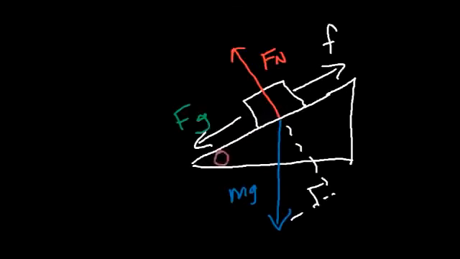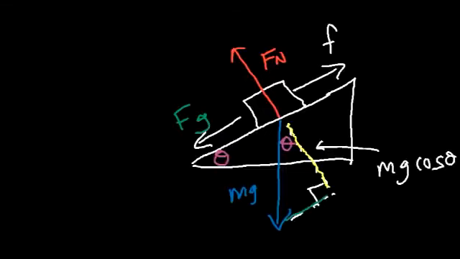Therefore, this is going to be theta. So now, what is this side with respect to mg? Notice that it's the adjacent side relative to this angle. So this portion is equal to mg cosine theta. It's the hypotenuse times cosine theta.